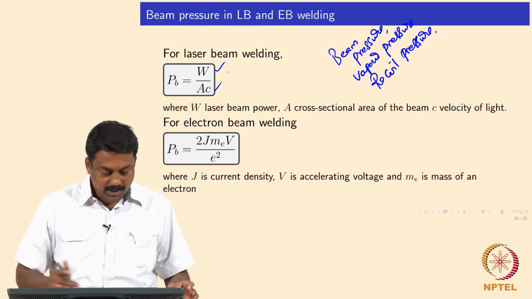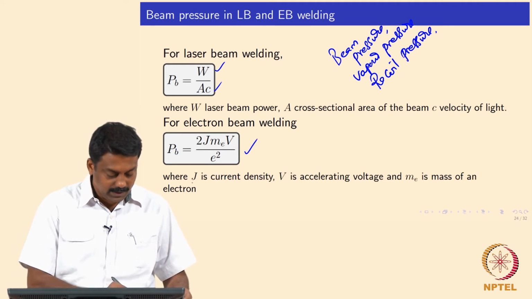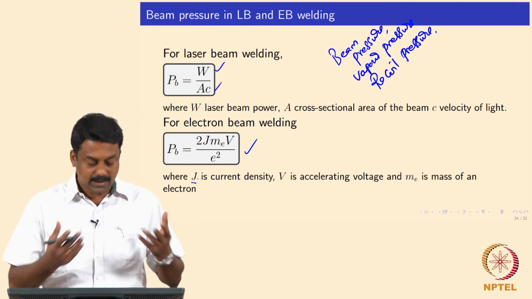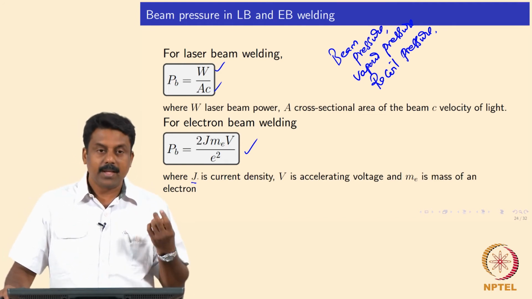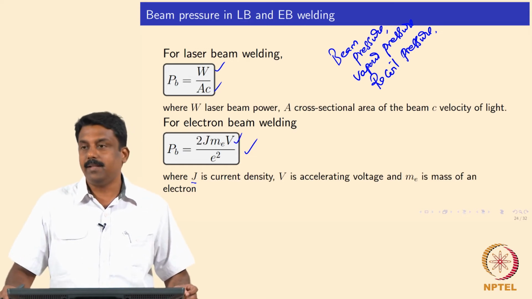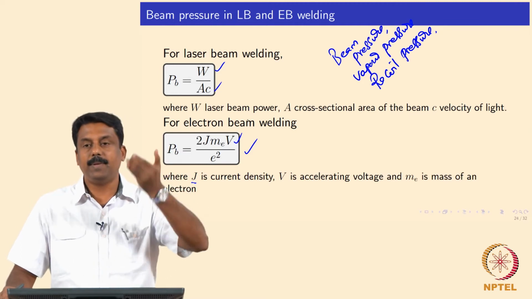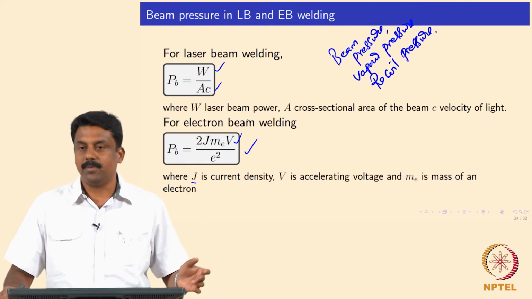In electron beam welding, the beam pressure is controlled by the current density, which is the electrons we generate in the source, and V, which is the accelerating voltage, the voltage between your target, the base material, and the electron source, the cathode.